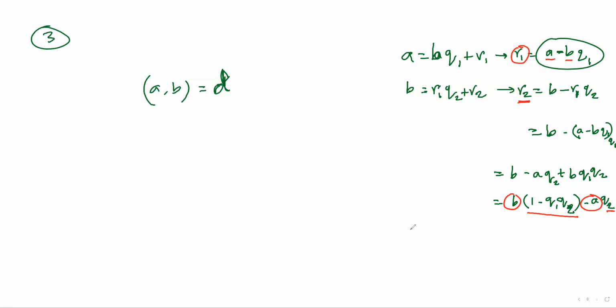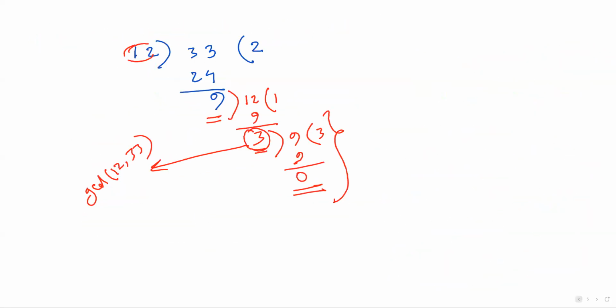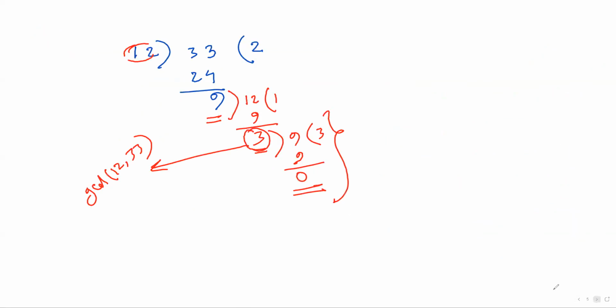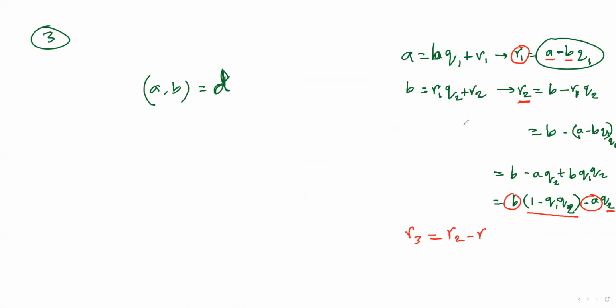And if you keep going like this, for the third iteration, R3 is R1 minus R2 Q3.